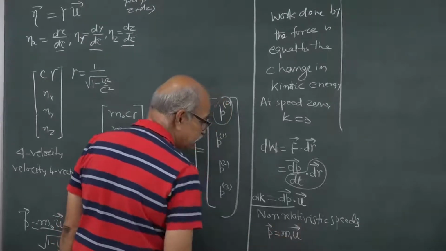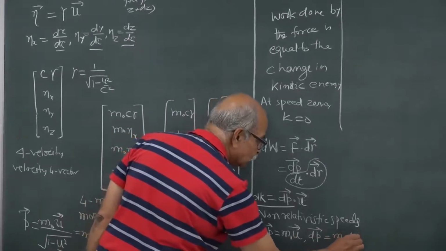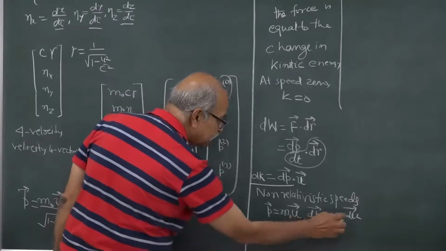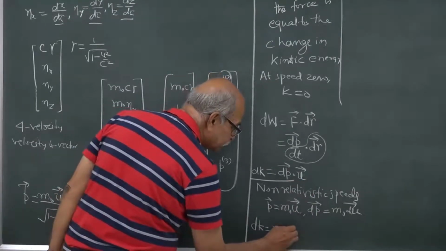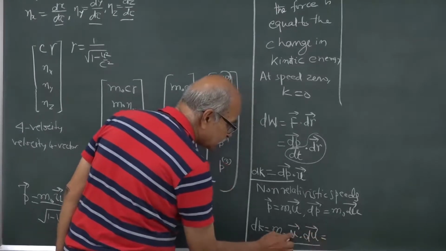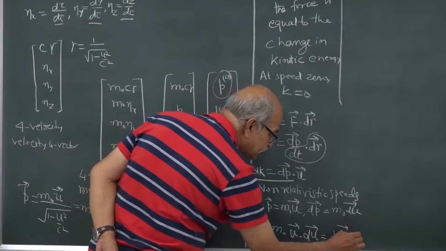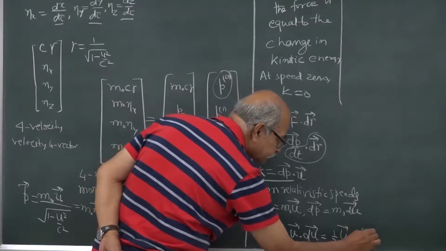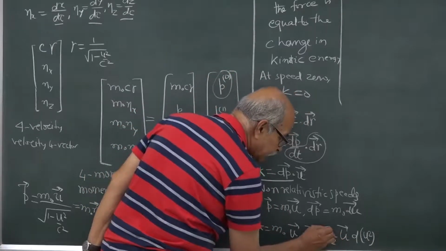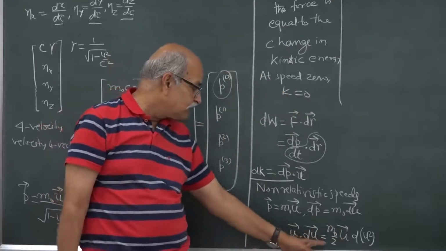So, this is p, and hence dp is m naught du, and therefore, this dK is m naught du dot u or u dot du, and this quantity, this u dot du is half d of u square. So, let me write m naught here. So, m naught and then u dot du, that is half d of u square.